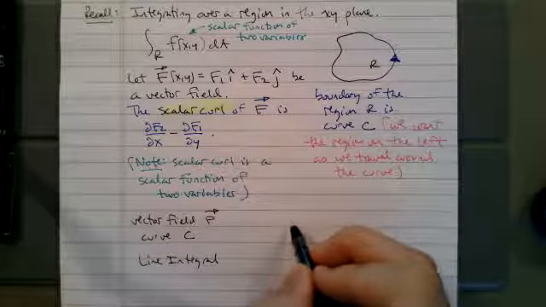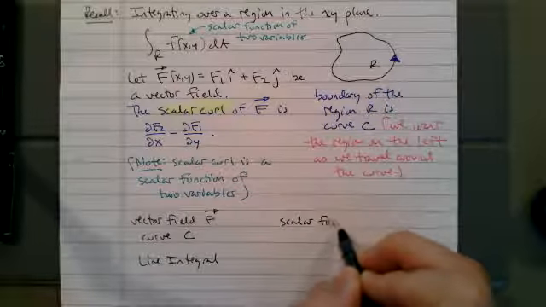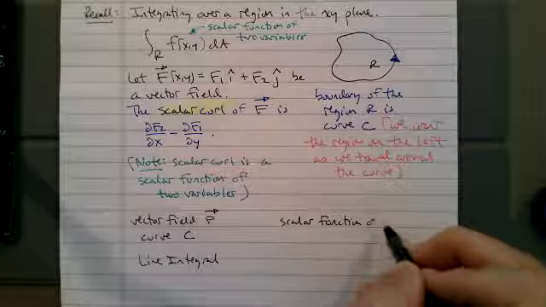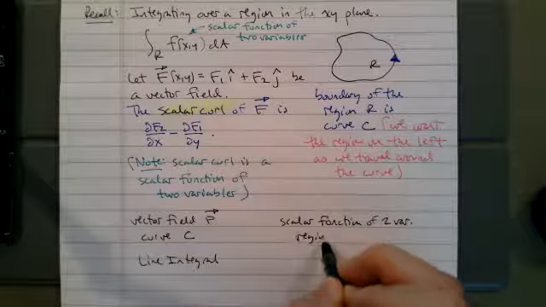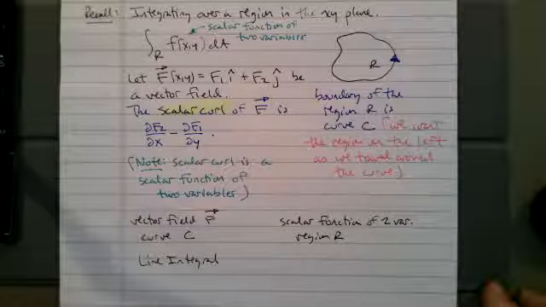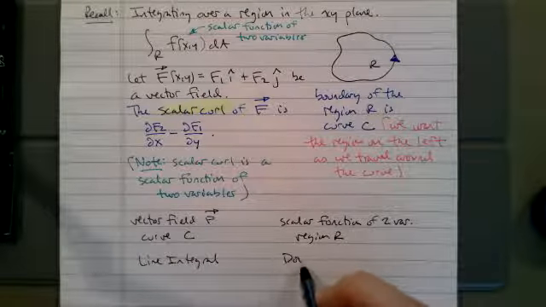I've got a scalar function of two variables and a region. And we know that a scalar function of two variables can be integrated over a region R, so we can have a double integral.